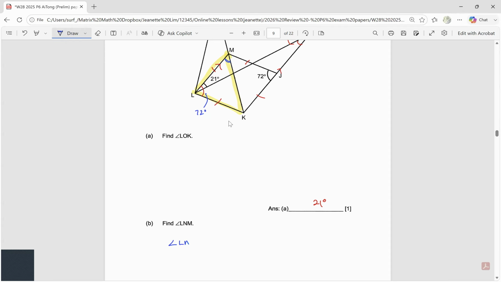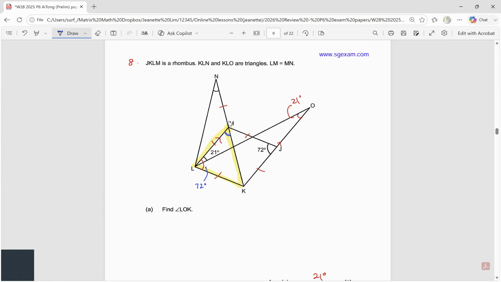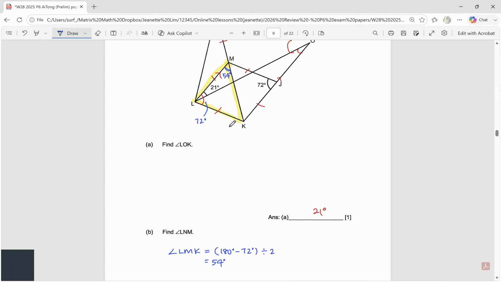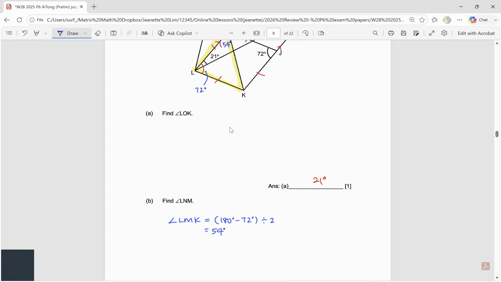Angle LMK, 180 minus 72, divide by 2, that will give us 54 degrees. So this is 54.